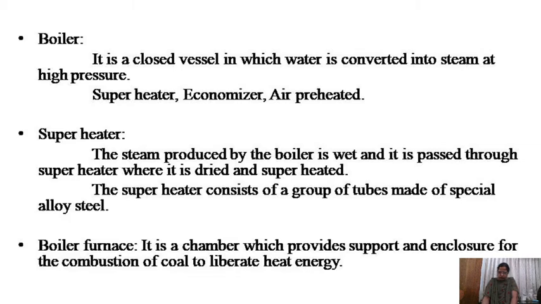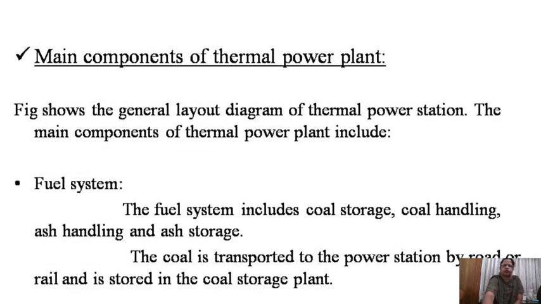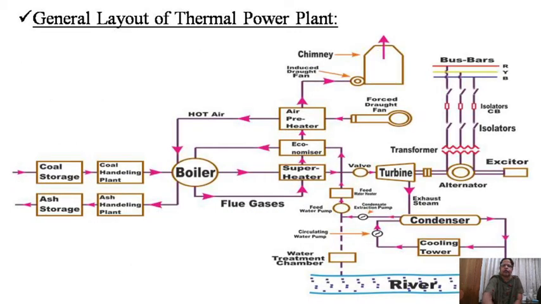The flue gases from the boiler make their journey through the superheater, economizer, and air preheater, and finally are exhausted to the atmosphere through the chimney. Next one is the superheater. The steam produced by the boiler is wet and it is passed through the superheater where it is dried and superheated.